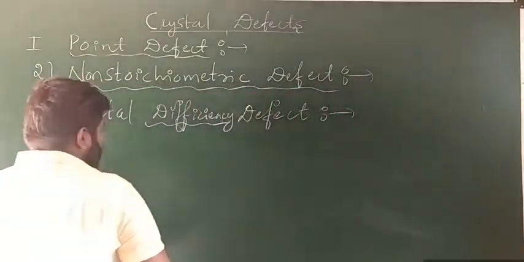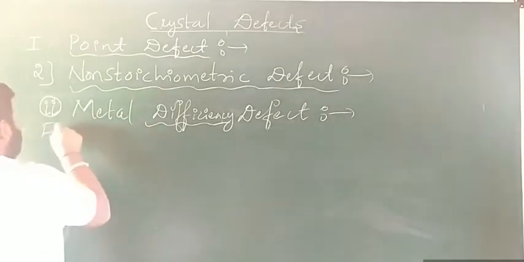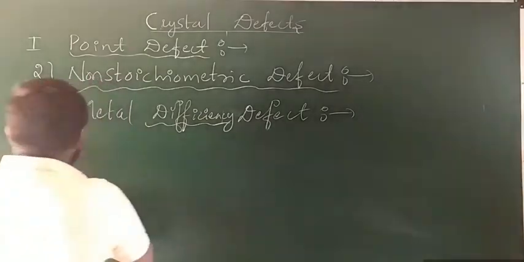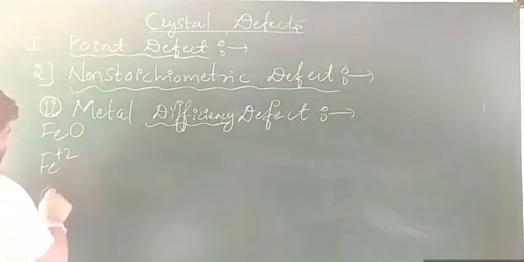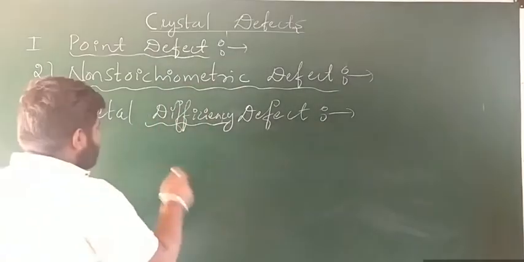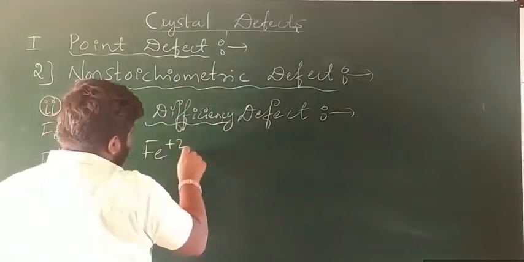How can we get that? See here, you can take an example of FeO. What is FeO? Iron oxide. Ferrous oxide, you can call it. So in FeO, iron is in the +2 state, oxygen is in the -2 state. Right. So when you take this, I will draw a diagram of the metal oxide.